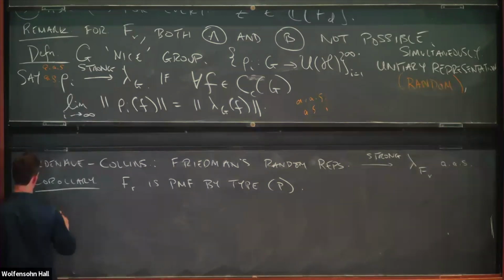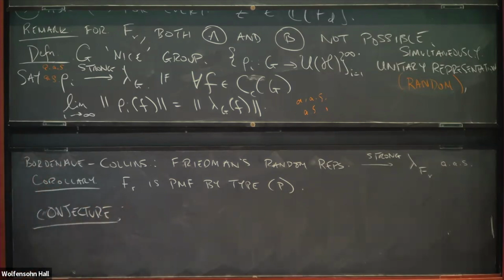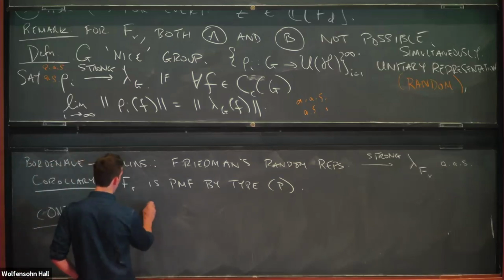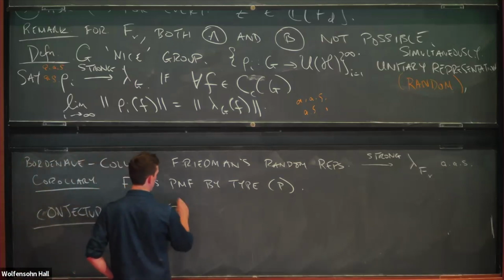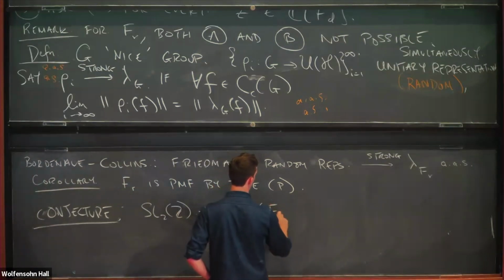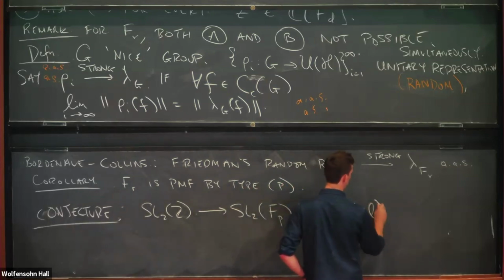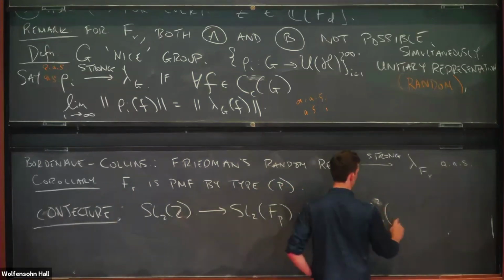I'm a bit obsessed about this problem that there are no explicit examples. So I used my computer, and my computer convinced me that the following is true. If you take SL2Z and you map it to SL2 F_p, and then you map it to the unitary operators on L^2_0 of P^1(F_p).